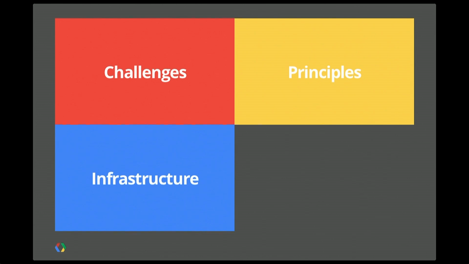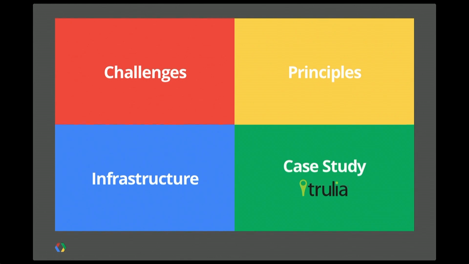Thirdly, we'll continue down the path of talking about some principles, and we're going to take a deep dive into backend infrastructure and how you can best structure your backend infrastructure so that writing apps on 3 different platforms is more efficient and easier for you to do. And in the fourth section, we're going to invite Jack Kwok, who's a software architect with Trulia, to come up and talk about Trulia's experience dealing with making mapping applications that run across multiple platforms.